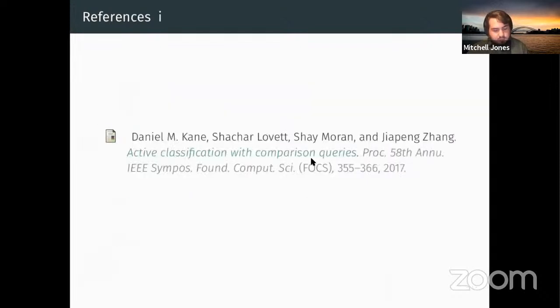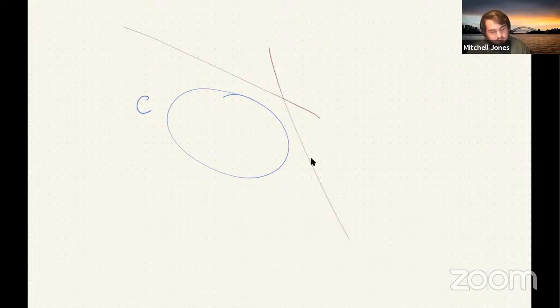So let me move to a blank piece of paper. The greedy algorithm, what it's doing is you have your convex body C, right? And every time you find a query point which is outside the convex body, you get a separating line. So you get a bunch of these separating lines. And whenever we get a separating line, we can mark a lot of points as being outside.